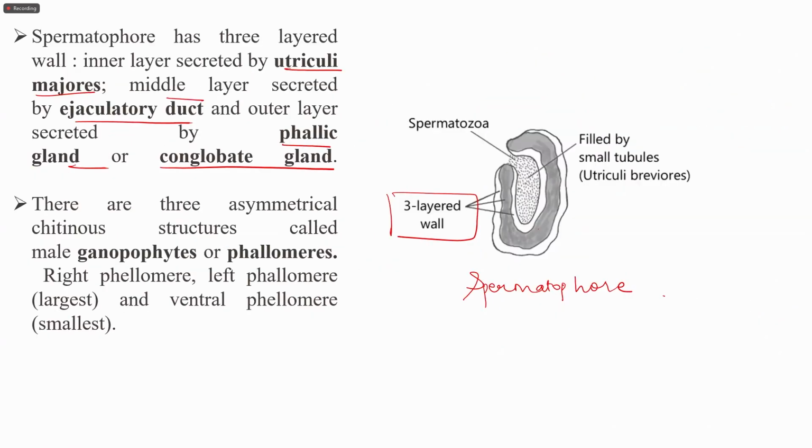We can also see that there are three asymmetrical chitinous structures called the male gonapophyses, or phallomeres. These phallomeres are the right phallomere, left phallomere and ventral phallomere. The left phallomere is the largest one and the ventral phallomere is the smallest one.